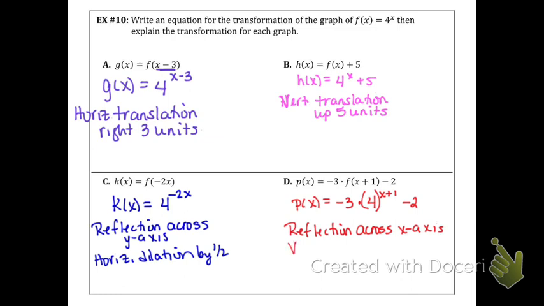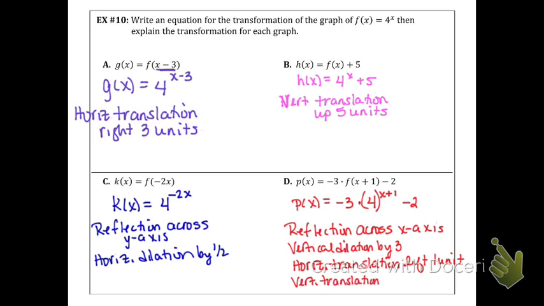The 3 is a vertical dilation by 3. 4 is just my base. I don't mess with it. The plus 1 in the exponent is a horizontal translation to the left 1 unit. And the minus 2 is a vertical translation down 2 units.